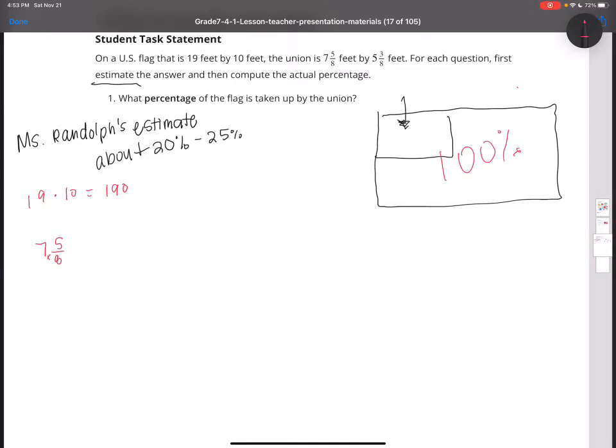So here's what I mean by that. 7 times 8 is 56, correct? So then I'm going to add 56 plus 5, which would be 61 over 8. And then I want to do the same thing to the other mixed fraction, which would be 5 times 8. 5 times 8 is 40, plus 3, which would be 43 over 8.